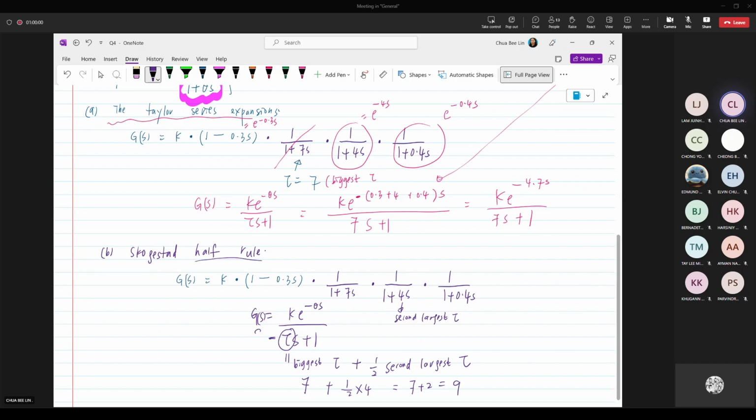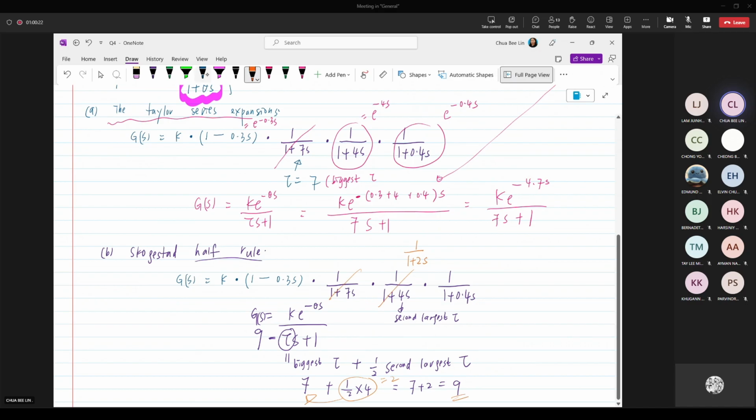So we'll get this tau equals to 9. Okay, then you cannot use this anymore. It is already used for your tau. And this one will be only left with 1 over 1 plus 2s. Because half already contributed, which is 2, already contributed to this to have 9 as your time constant.